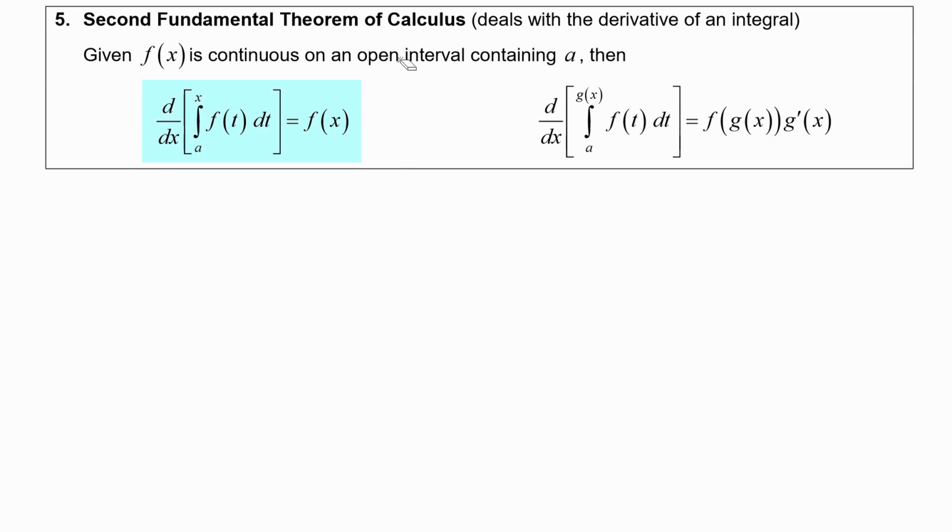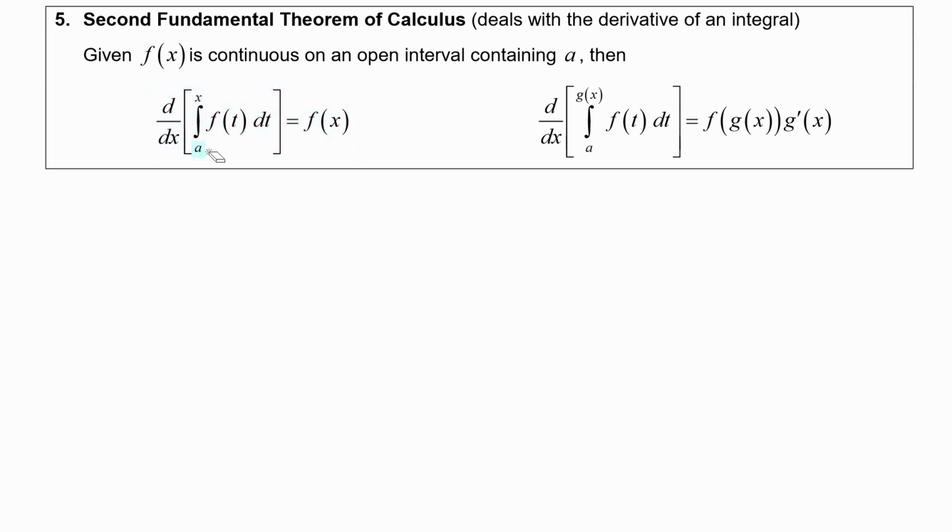First up, we have the derivative with respect to x of the integral from a to x of f of t dt is equal to f of x. Now let's look at the pieces here.